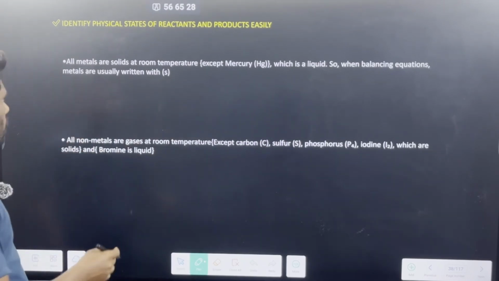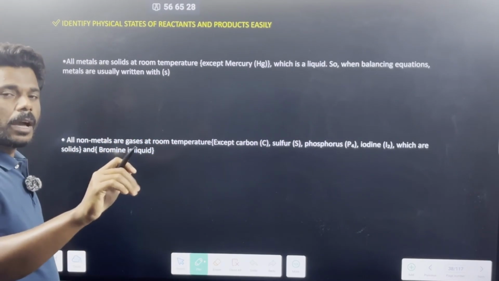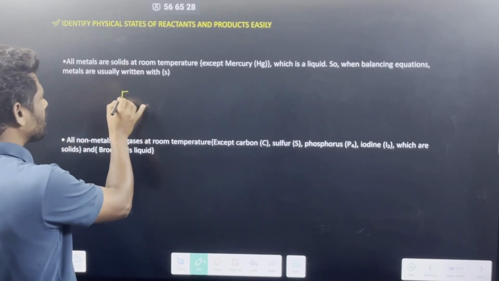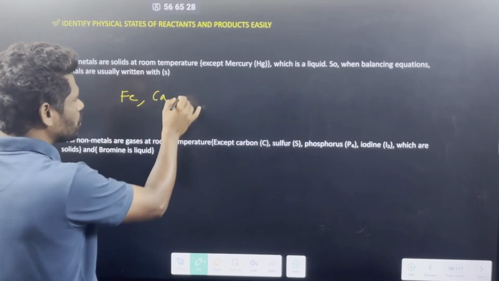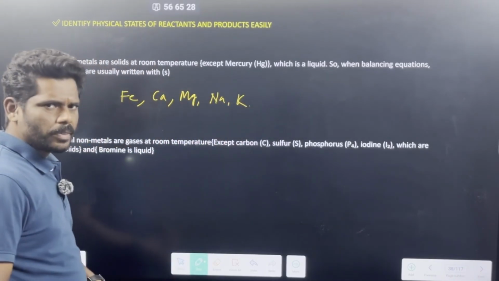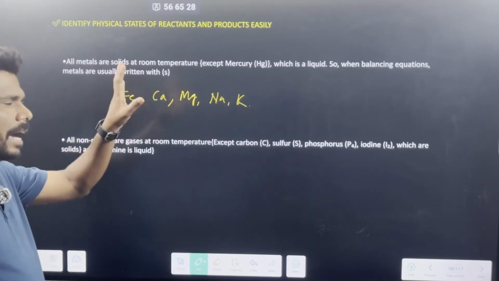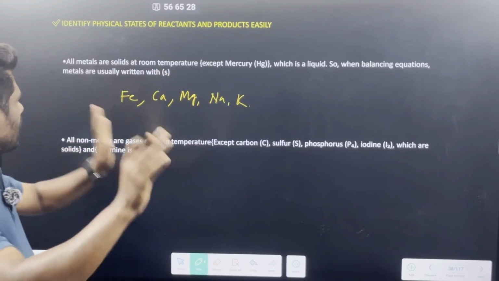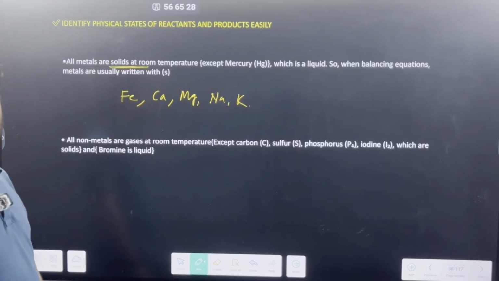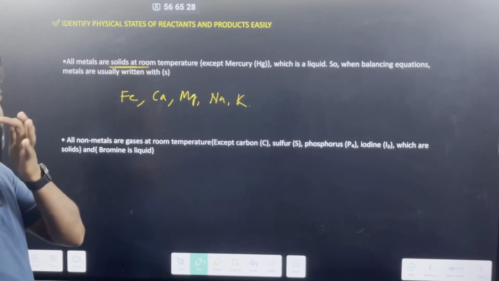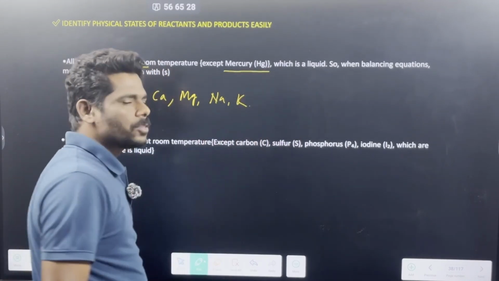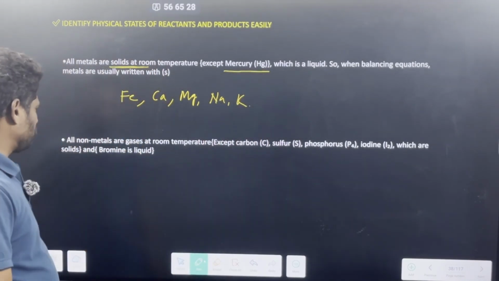So everybody knows, whenever you see a metal, only metal, not a metal compound, for example iron, calcium, magnesium, sodium, potassium, etc., you can definitely mention the physical state of the metal as solid, except for mercury, which is the only liquid metal.